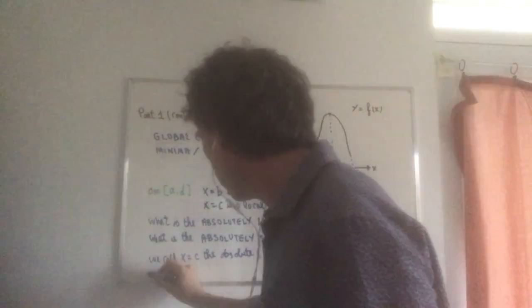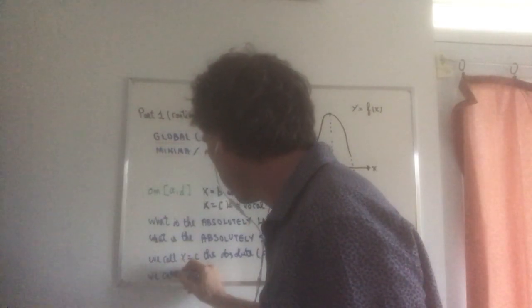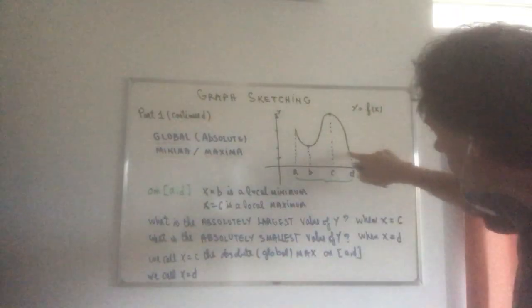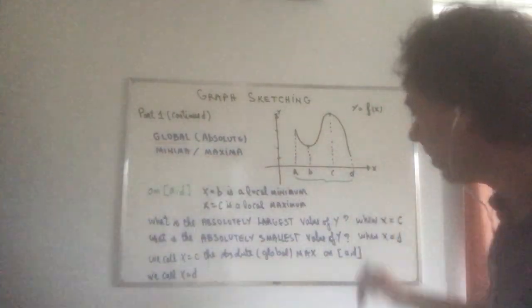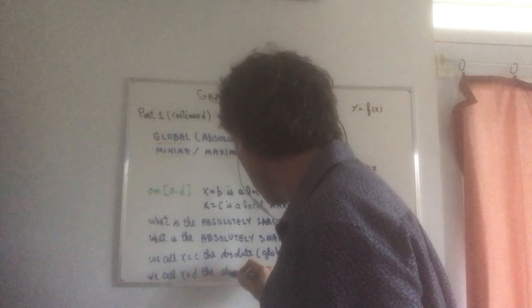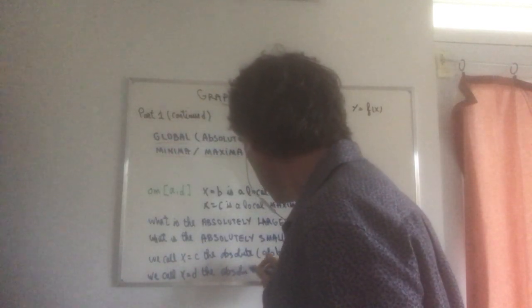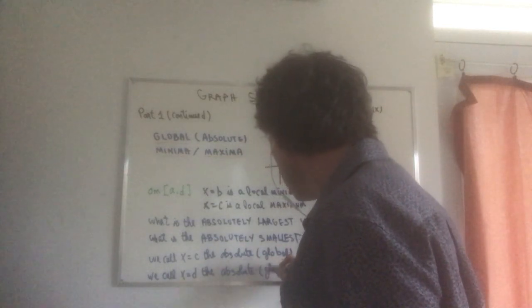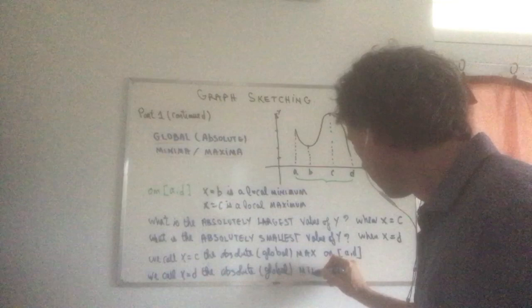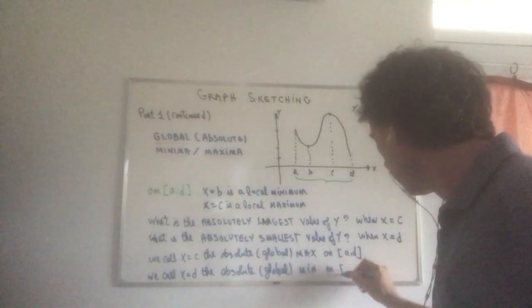Just like we call x equals D, the smallest of all the y values, the absolute min, also known as the global minimum, on the interval AD.